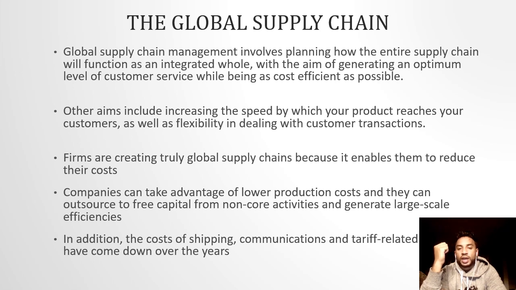I could find all my parts in North America, but I can get them so much cheaper if I buy them from India or China. So that's what a global supply chain is, because then you're outsourcing. You're getting stuff from other companies, from other countries, and you bring it in and put it into your product. That's basically what global supply chain means.